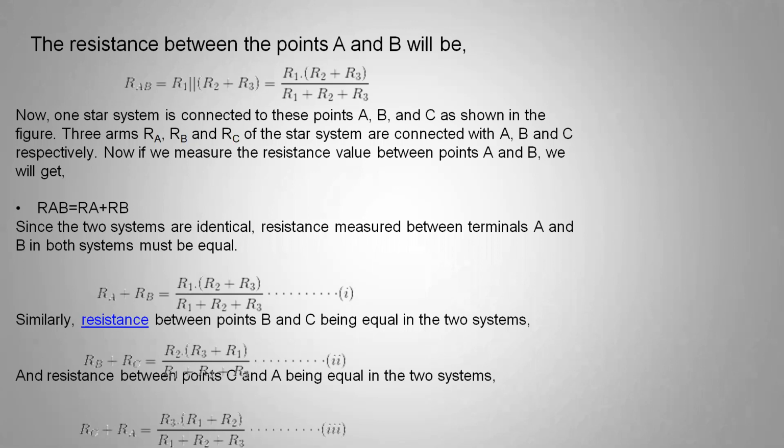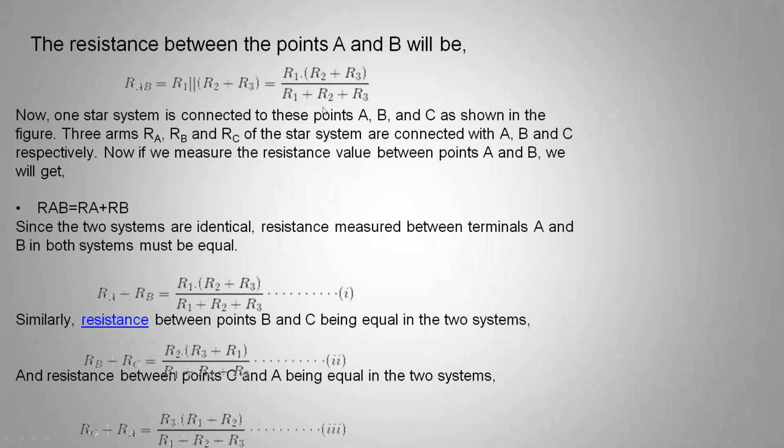All clear? Same here: R1 parallel to R2 plus R3 is R1 into (R2 plus R3) by (R1 plus R2 plus R3).